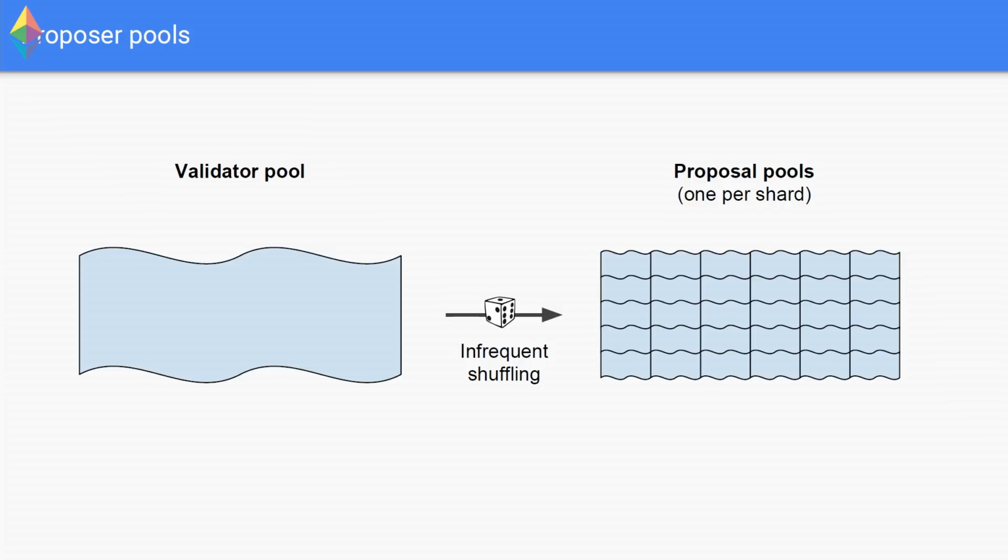The reason is that in order to prioritize the transactions with the gas, you need to know whether or not the transactions are valid, and so you need to have access to the state. This is a constraint, which means that even though there is some shuffling going on within these proposer pools, it happens quite slowly, maybe once every month or so.